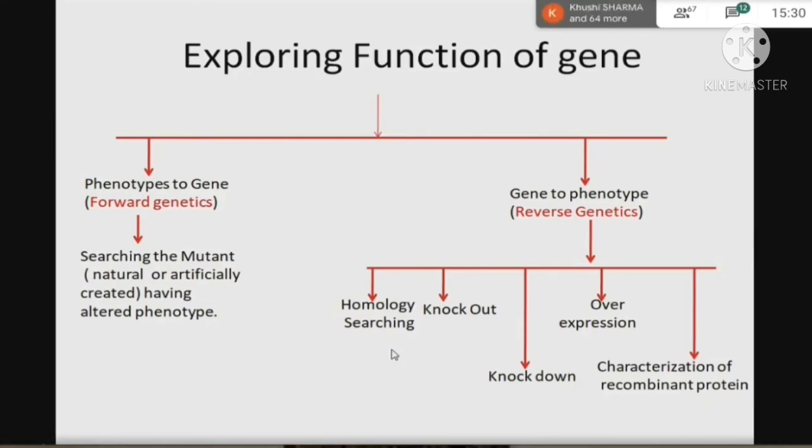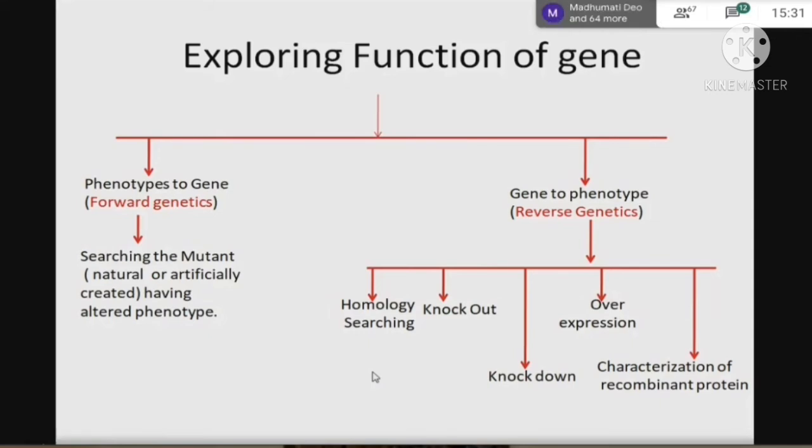Characterization of recombinant protein means, in this overexpression, we can carry it out inside the cell also, or we can isolate that gene and clone it in another host. By heterologous expression we can obtain the protein, and then we can characterize it in vitro by crystallization and other methods. We can characterize its function.